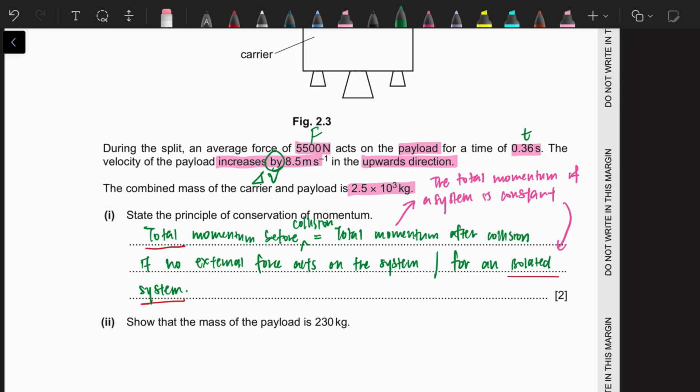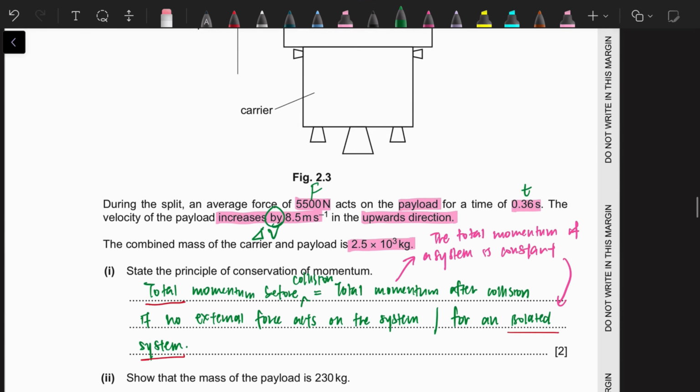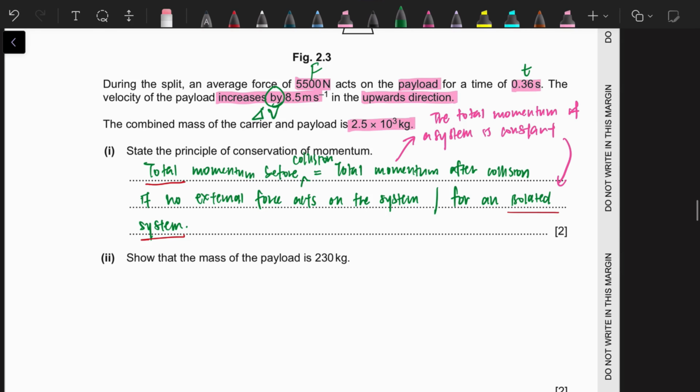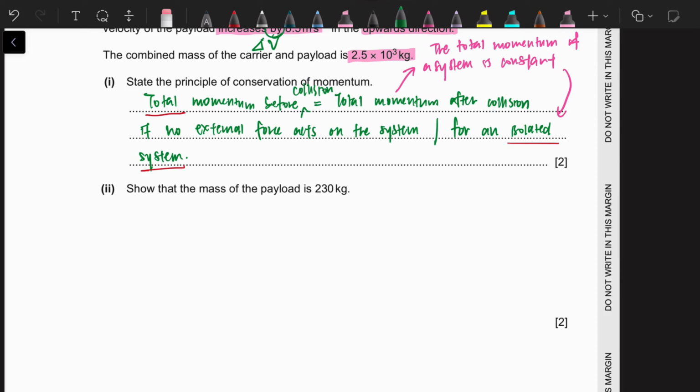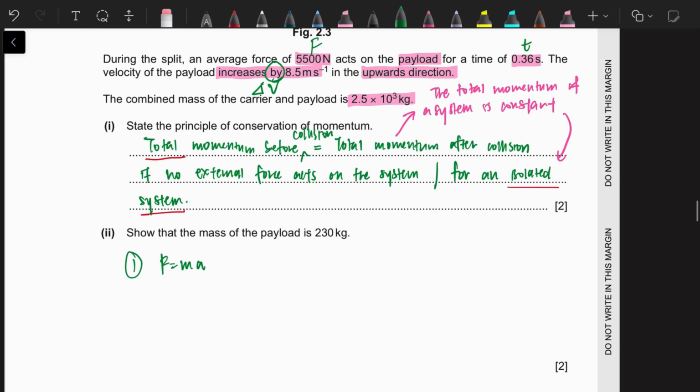in the upwards direction. So I can think of 2 ways to actually do this, but both of them are very similar. It's just how you look at it. The first way is using F equals to ma. That's a bit indirect because you have to sub in your V and your T inside your a.